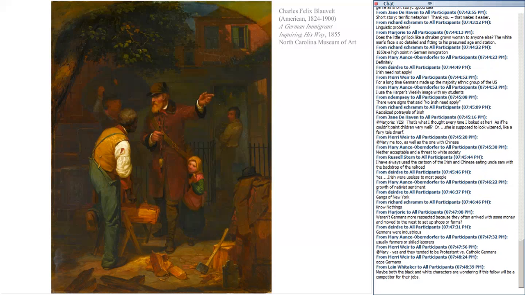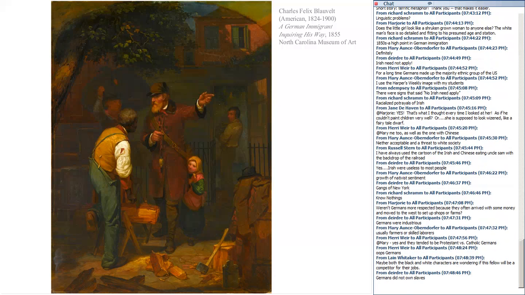Probably, yes. The Irish were almost by definition Catholic. The Germans were split between Lutheran and Catholic. The Germans were at a disadvantage for their language. They were equally considered clannish, like the Irish. They stuck to their language.